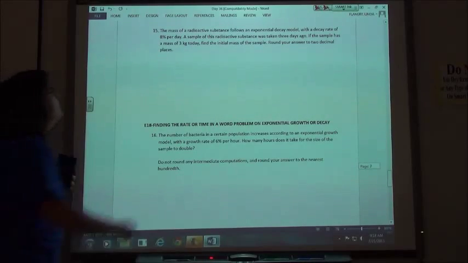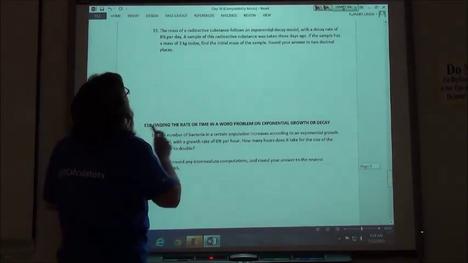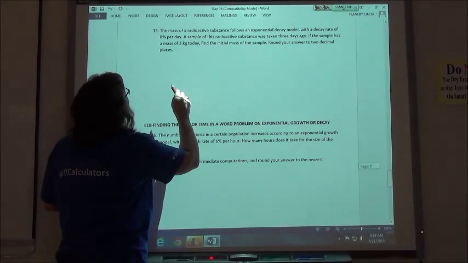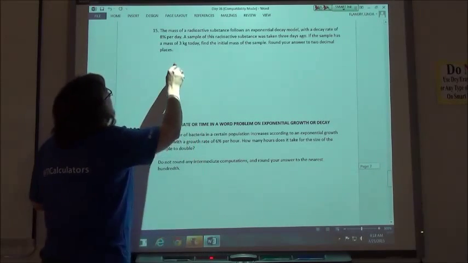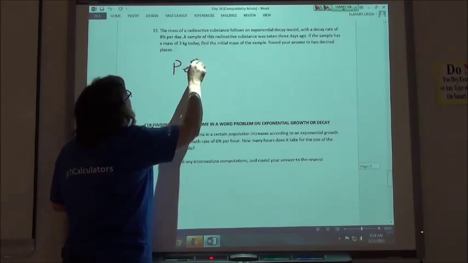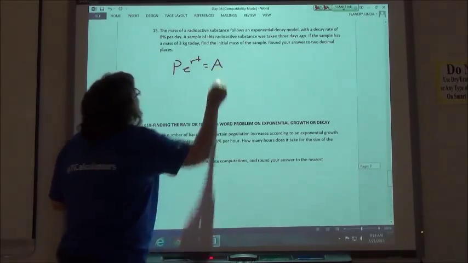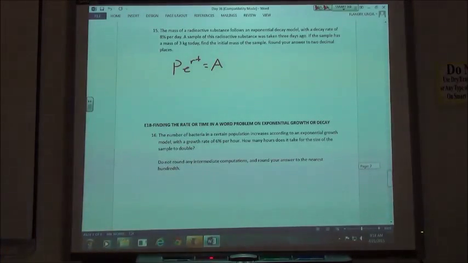e to the 8% times 3. So here's our normal one. I'm going to put equals A because that's going to be our end amount. What things do you know?